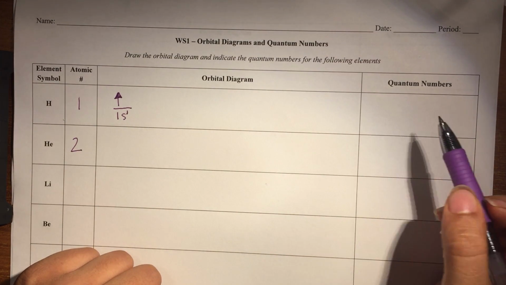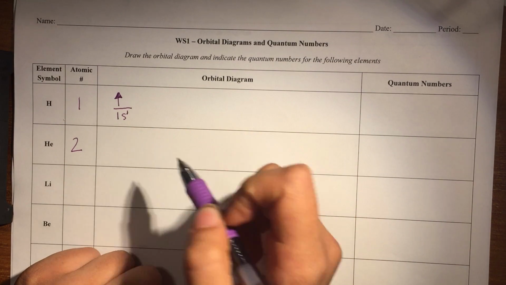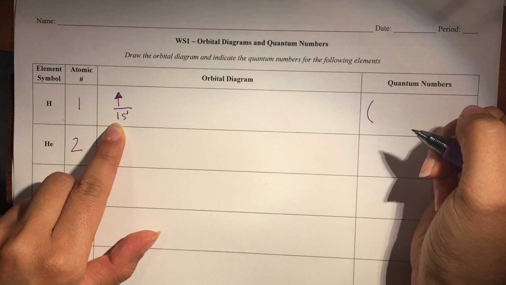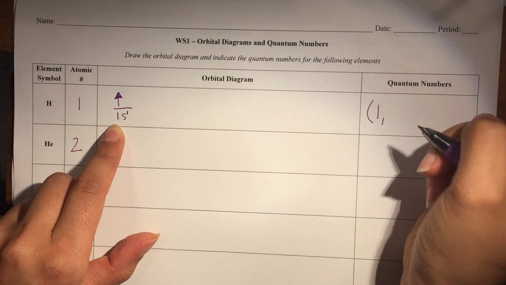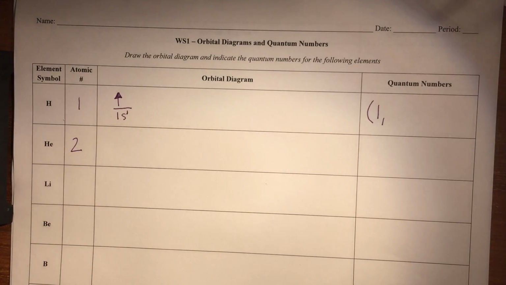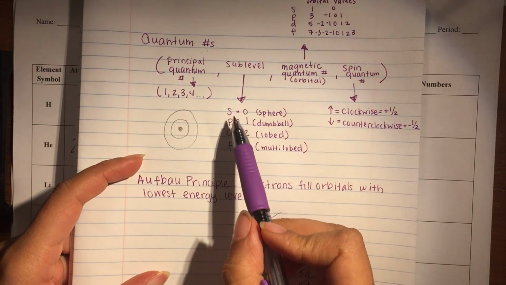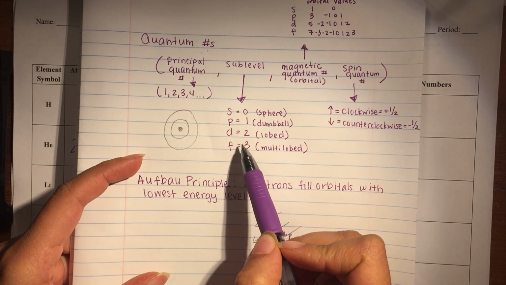When we're writing our quantum numbers, what we look at is all the information here. So the first quantum number is our energy level right here, which is 1. Okay. Our second quantum number is our sublevel. So if you remember your notes and you look back at them, each sublevel, depending upon the letter, is given a specific number. So S is 0.